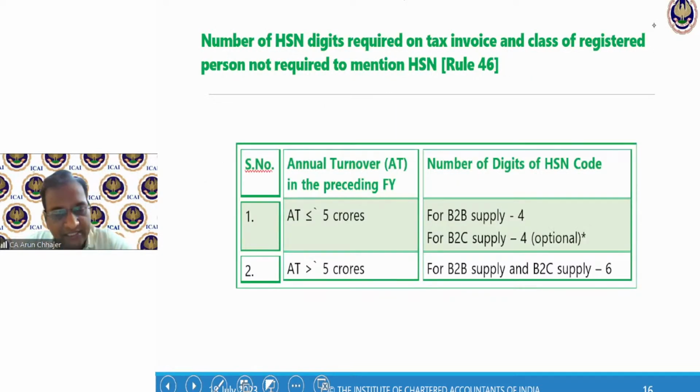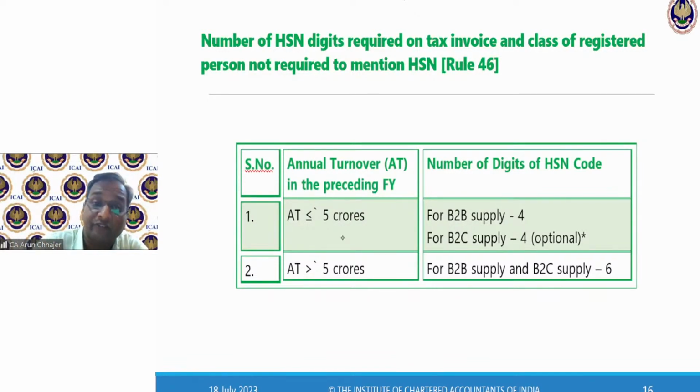Now, just now we have discussed the number of digits of the HSN code required to be mentioned on the tax invoice. Correct? How much? It depends upon your aggregate turnover. If the aggregate turnover is up to 5 crore, in case of B2B, 4 digits is mandatory. For B2C, it is optional.